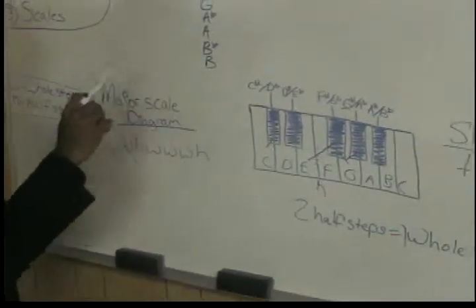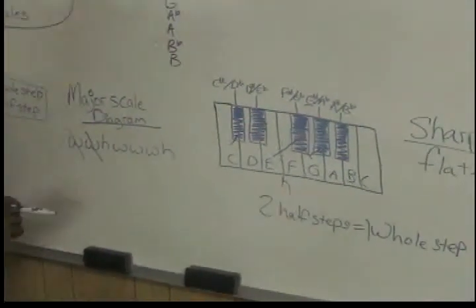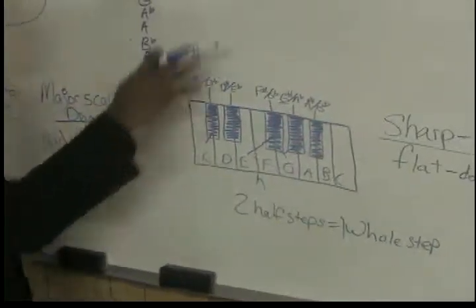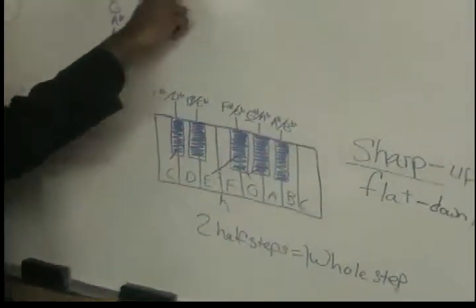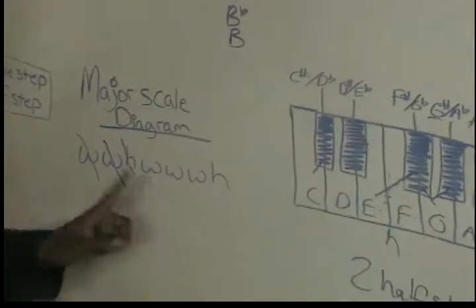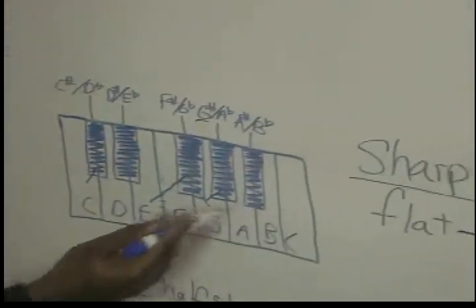From G sharp, we need a half step. What is the next one? A. Is it just A? Okay. Just A. All right, that's correct. From A, we need what? What's our next move, Sister Nell? Whole step. All right. From A, we need a whole step.